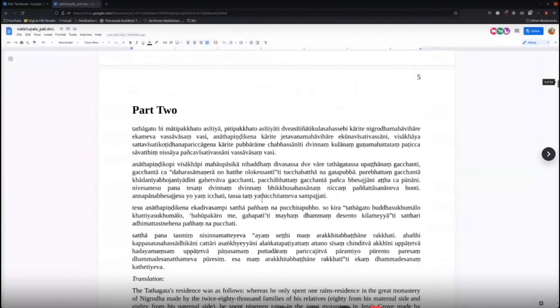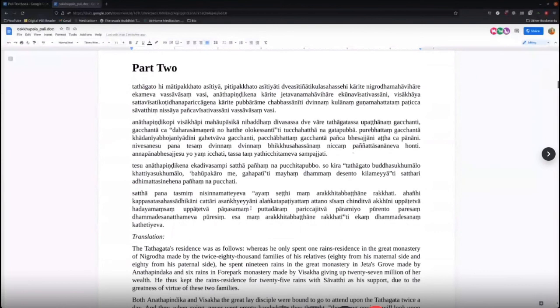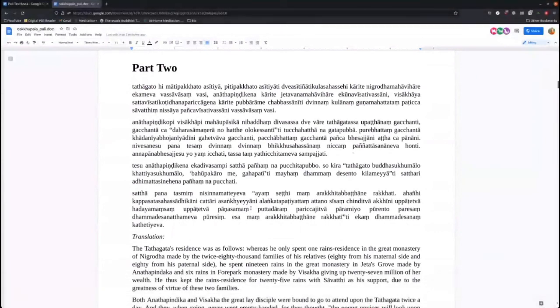So the mata, what is it? Mata pitaro. It's not like mothers and fathers. It's mother and father, but it's one thing, so it becomes plural. That's right. We're going to learn about compounds eventually.